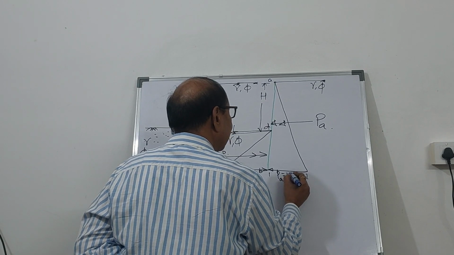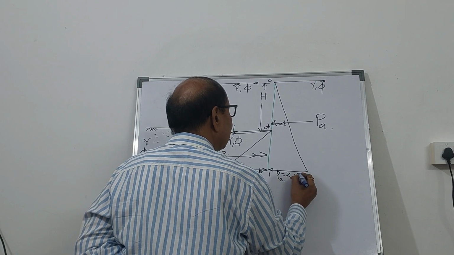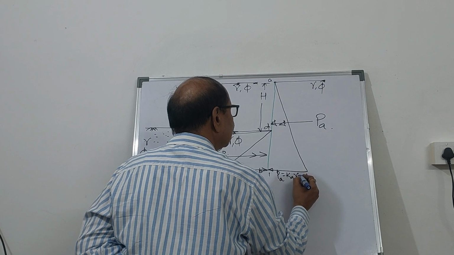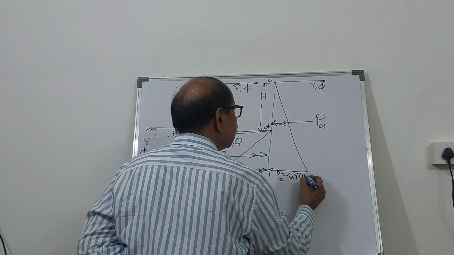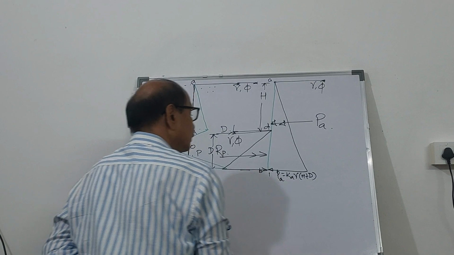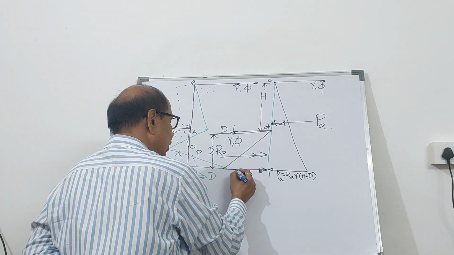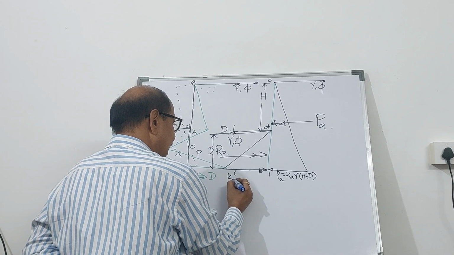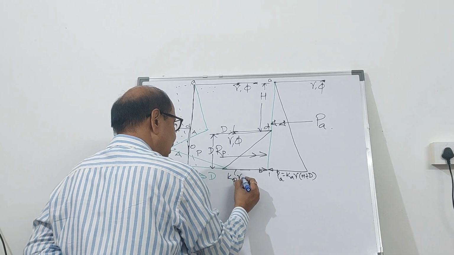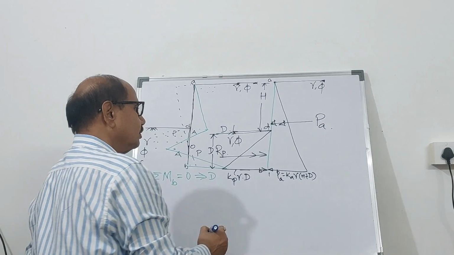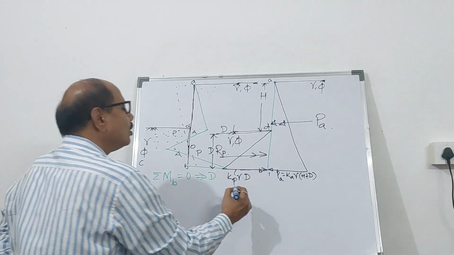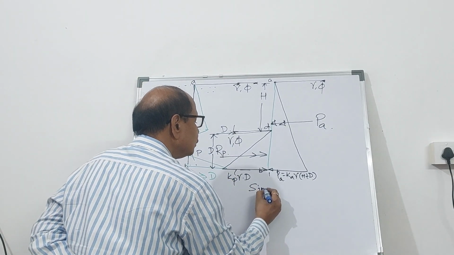Ka times gamma into H plus D. That's the pressure. And the passive earth pressure is going to be also simple, Kp times gamma into D. This is called the simplified approach.